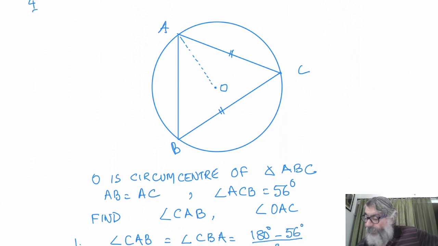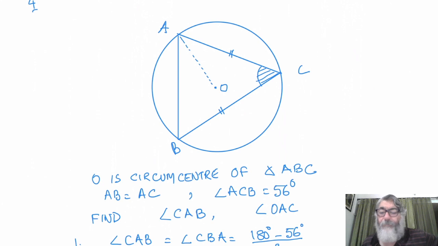Why? Because angle ACB in the figure is given as 56, and it is an isosceles triangle. So base angles of the isosceles triangle will be equal. How will we calculate the base angles?